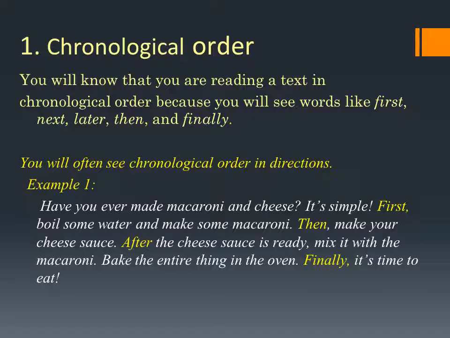The easiest way to find out if the text is in chronological order is to look for words like first, next, later, then, finally. Here is a short example of a paragraph in chronological order. You can see the words first, then, after, and finally being used here.